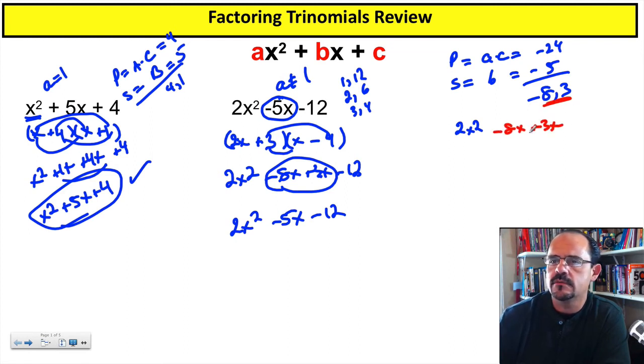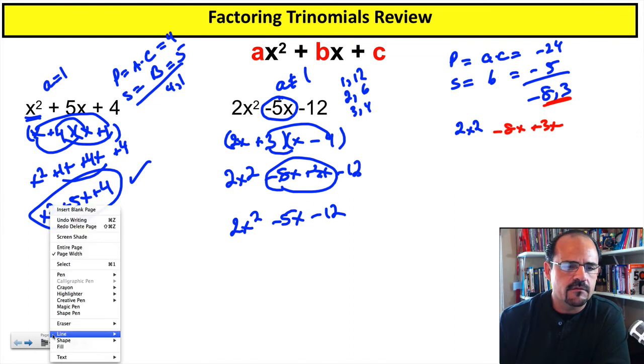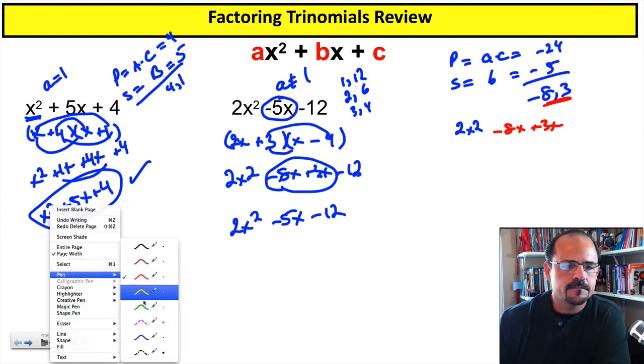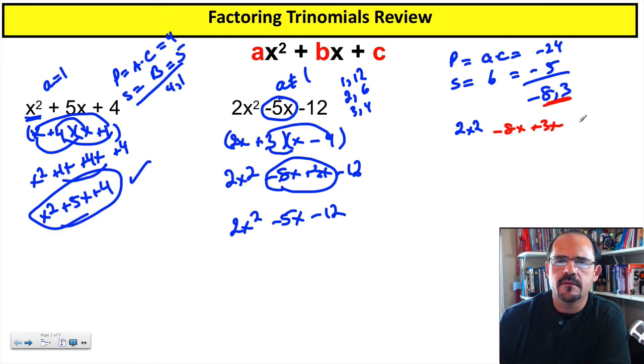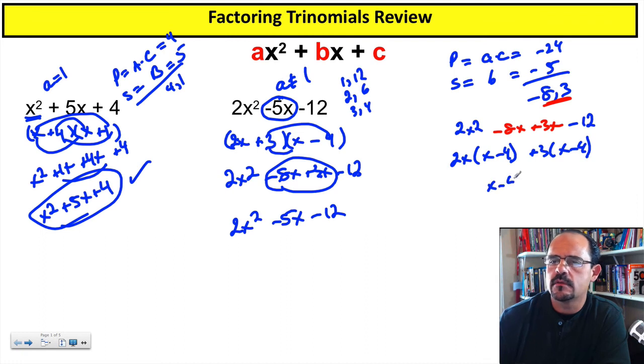And then you just write your last term, which is negative 12. And now you can GCF the left-hand side, 2x times x minus 4, positive 3 times x minus 4. And now you can pull out that x minus 4 times 2x plus 3. And that is the same result that we got over here.